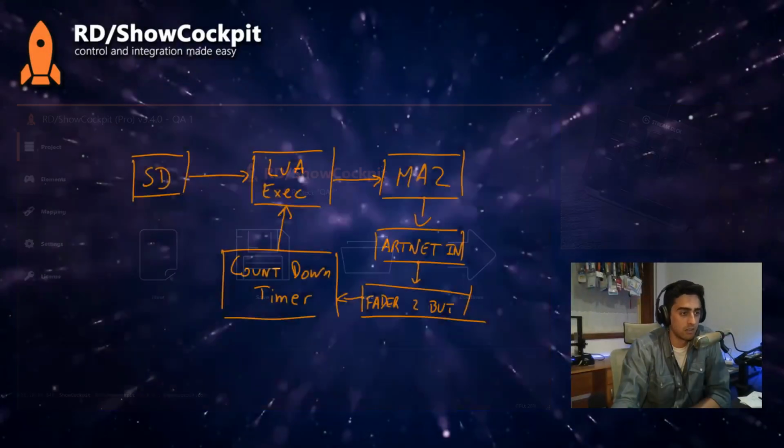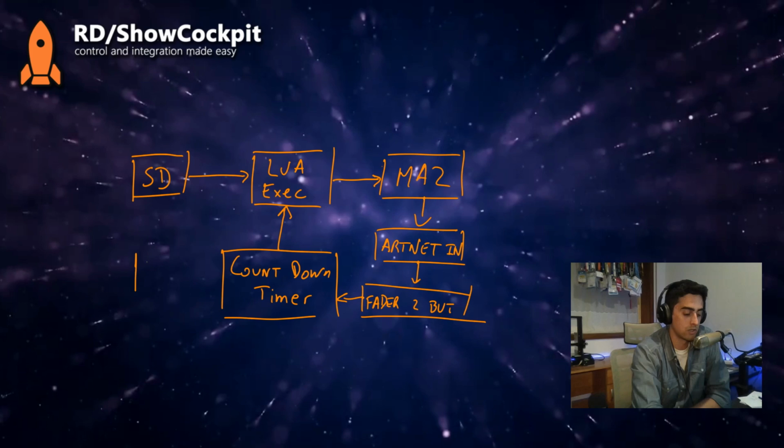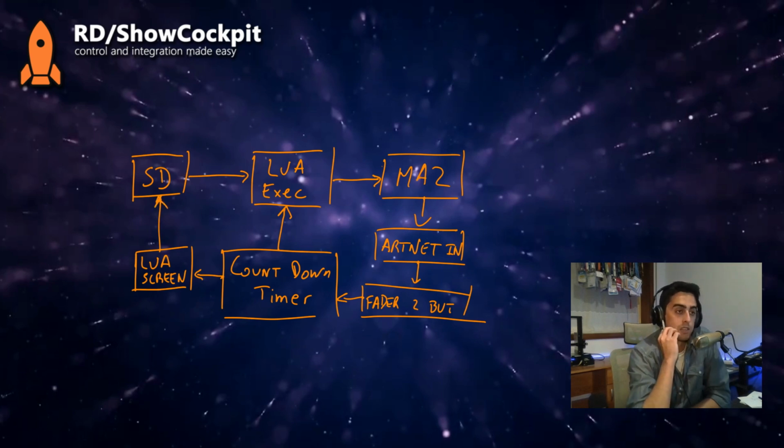And to achieve this, we used another Lua script. Let's call this Lua screen, because we are going to update the StreamDeck screen. It's also constantly running and checking the timer and sending that overlay text to the StreamDeck element.